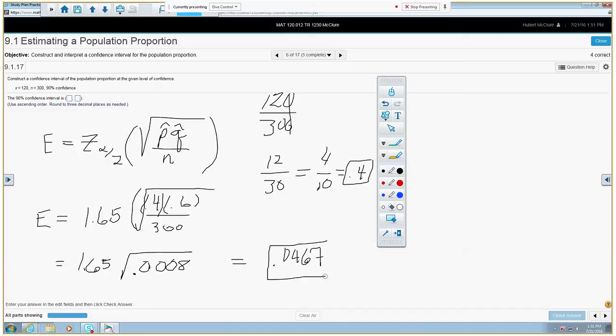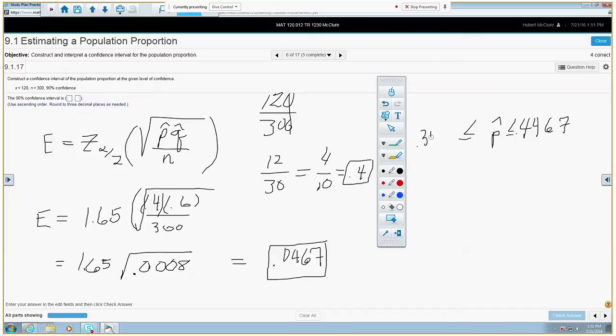So now we're going to take that and add it to 0.4 for the upper bound. Well, that'd be 0.4467. That's my upper bound. My lower bound is going to be 0.4 minus 0.0467, which would be 0.3533.